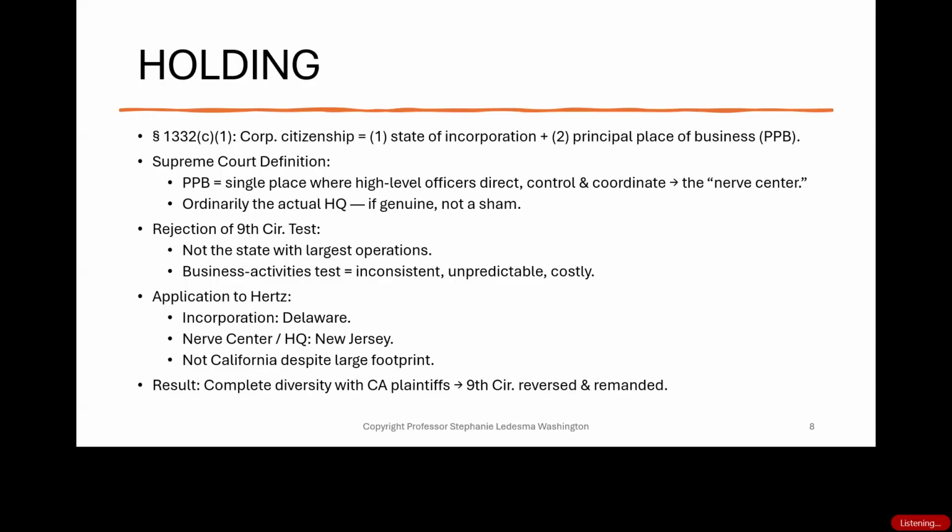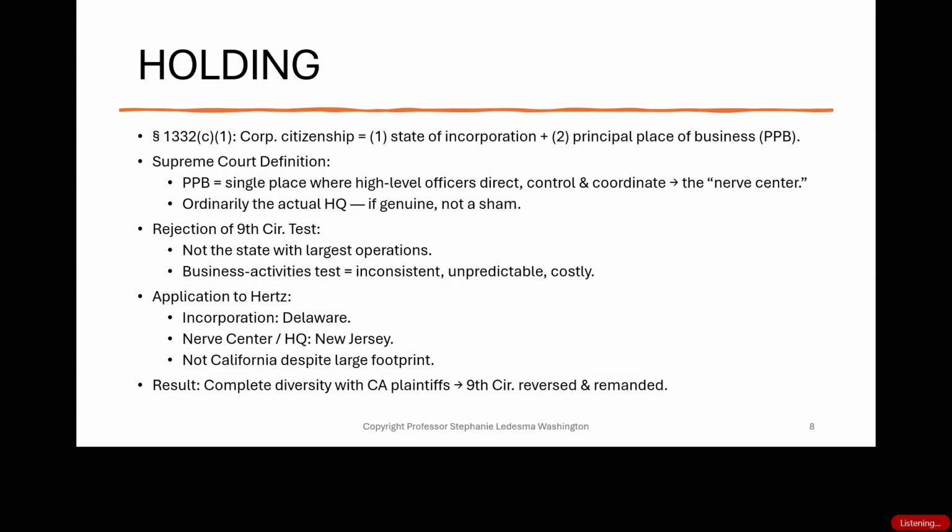What are we talking about? We're talking about diversity jurisdiction. Okay, so now we're using the term nerve center. The nerve center will ordinarily be the corporation's actual headquarters, provided that the headquarters is the true center of direction, control, and coordination.